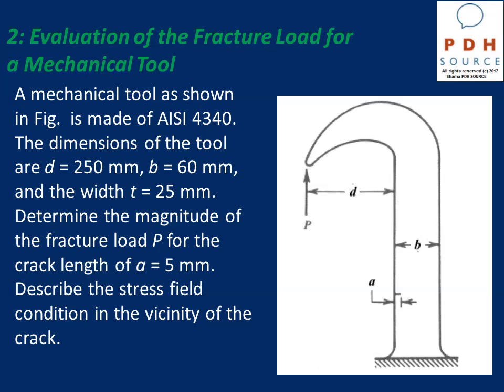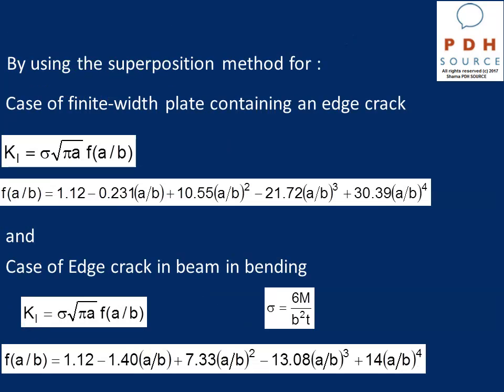Basically here we have two cases. A case of an eccentric load, so this is going to cause a moment and there is tension, so basically superposition of tension and bending moment. So we have a case of a finite width plate containing an edge crack, and we have a case of an edge crack in beam bending.